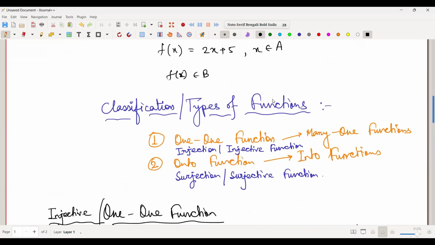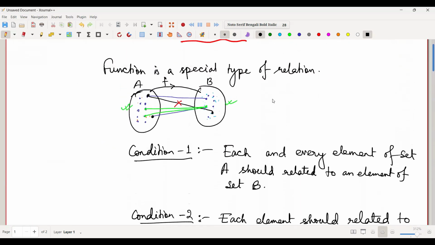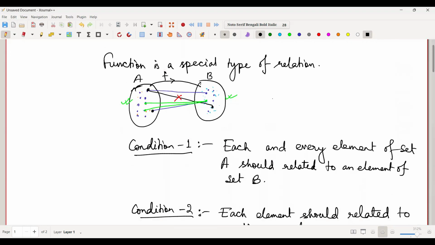See in this picture, this element and this element have the same image. We have already said that any element of set A cannot have two images. The elements of set A have to have only one element as the image.